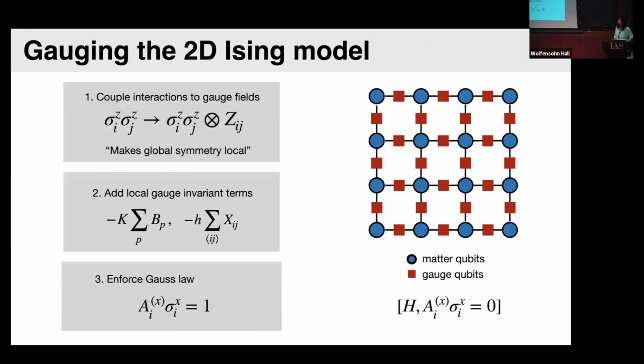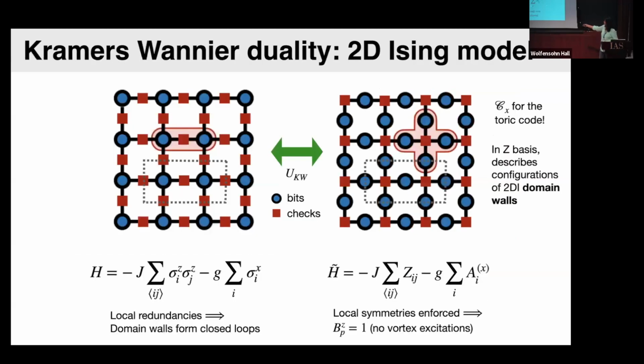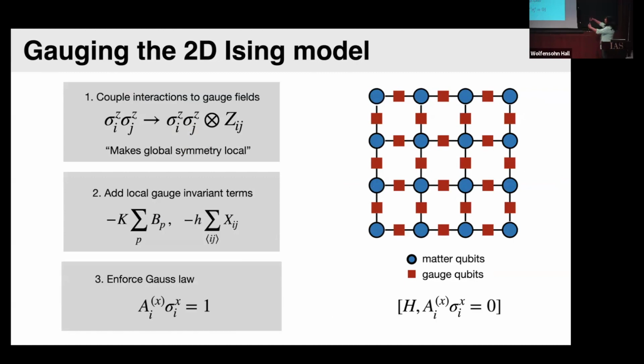Okay, so if you don't want to impose that there are no vortex excitations, if you want to allow for those, then you follow this standard minimal coupling prescription, where you start with your Ising interactions.